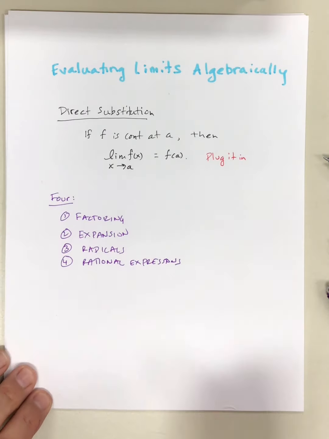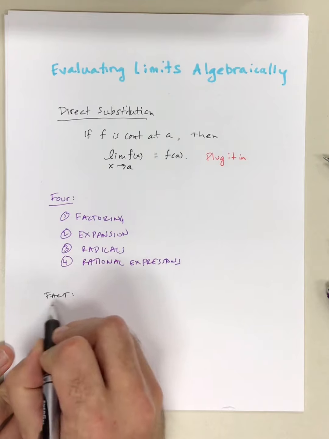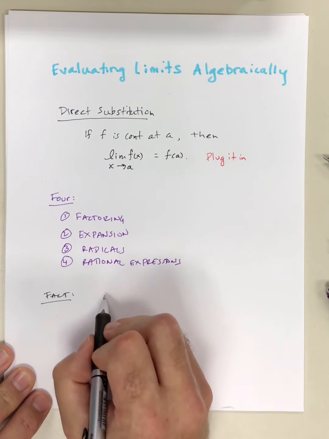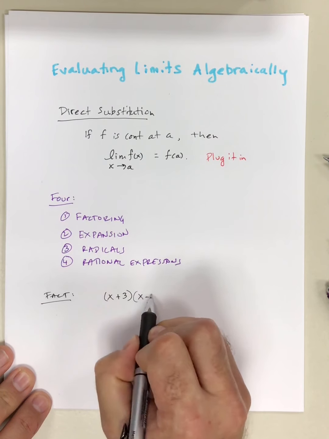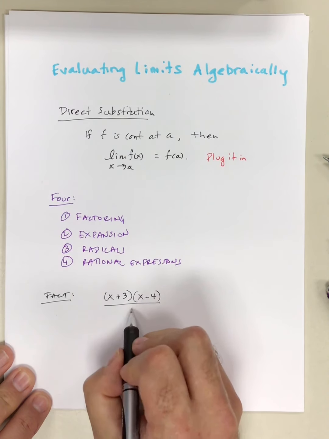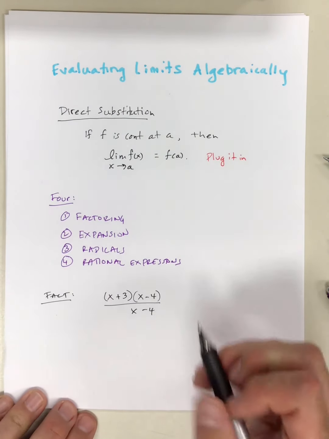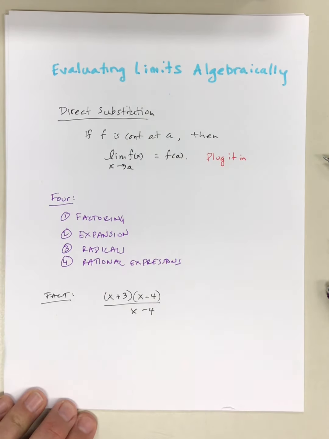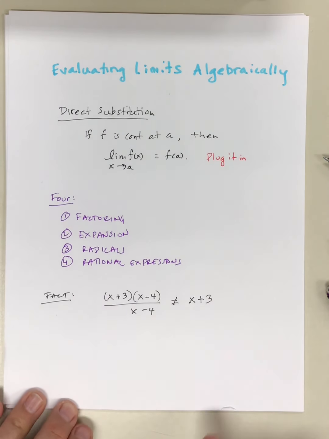So let's start off with factoring problems, and we want to start with an important fact. Let's take an example like x plus 3 times x minus 4 over x minus 4. And if you're like most people, you're already thinking about canceling or dividing these factors of x minus 4. But here's an important fact. This expression on the left is not equivalent to the expression on the right.